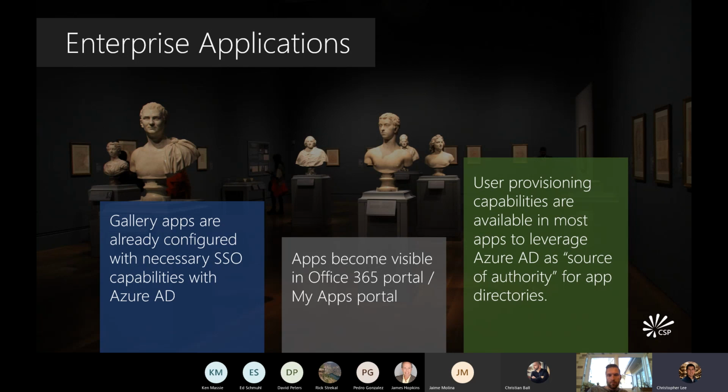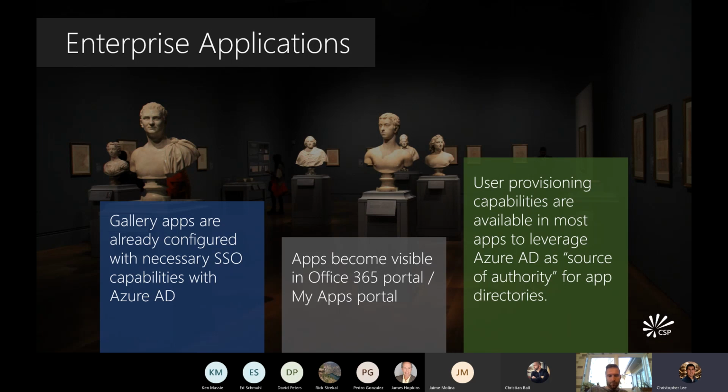And even when there is an app, let's say you stumble across a small third-party SaaS app and it's not in the gallery, Microsoft is actually pretty good at adding new apps all the time. So if you submit that app to Microsoft, you can submit it through Azure, a help desk request or a support ticket through Azure. I think there's also a documented way that you can do it through the Microsoft public website.